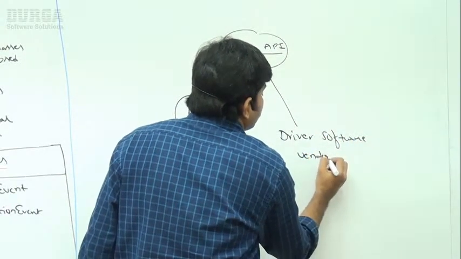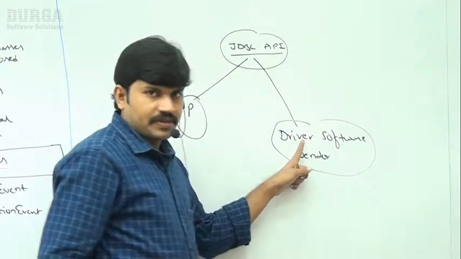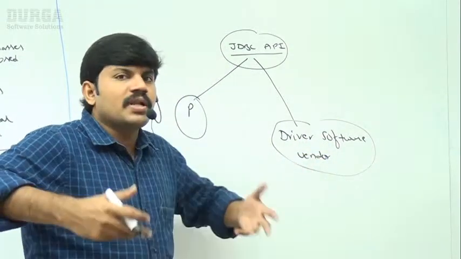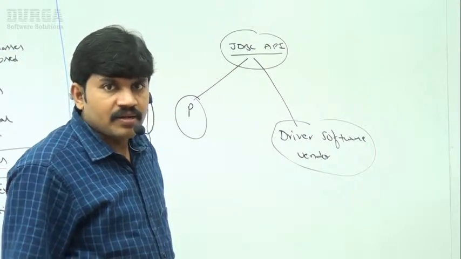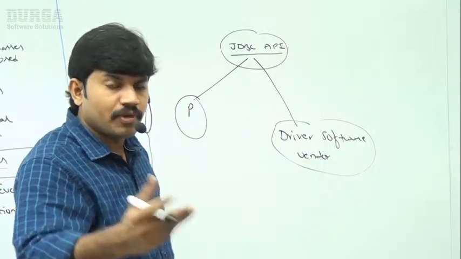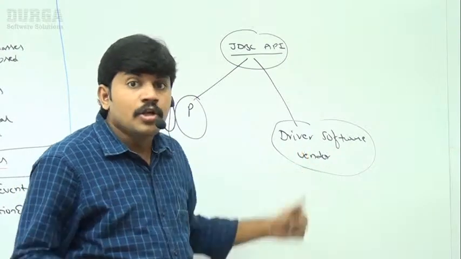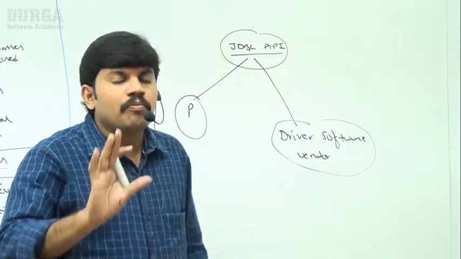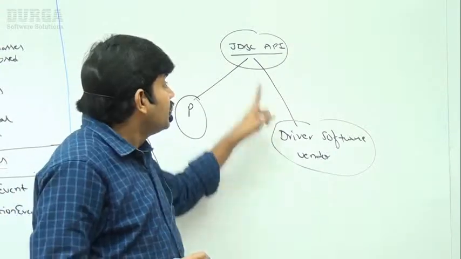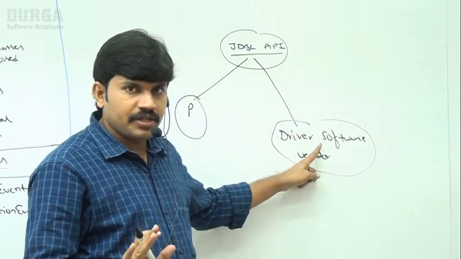This person is responsible for developing driver software. Most of the time it is the database vendor only. How will they develop driver software? By implementing the interfaces present inside the JDBC API. Are you getting that? Okay.